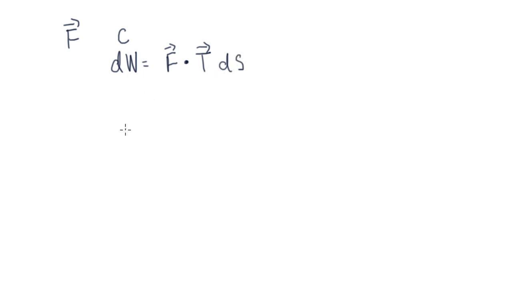Okay, and then if we want the total work done on the motion of the particle moving along this curve by the vector field, then we just add up all of these little work elements. And of course, what we get is exactly the line integral.